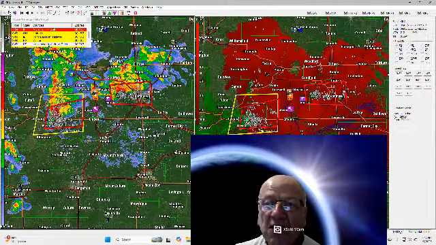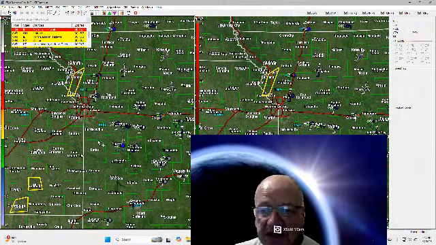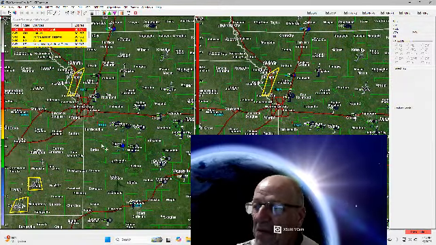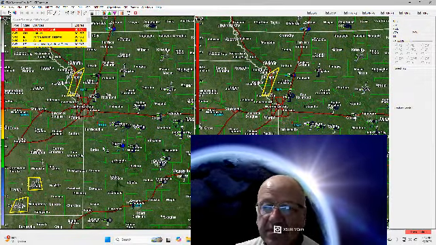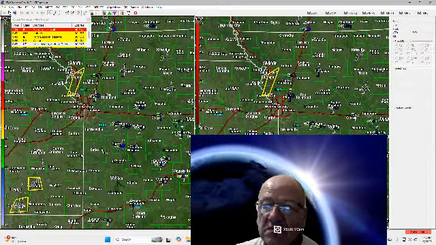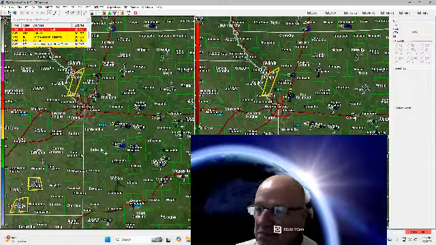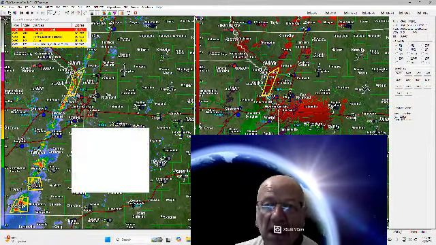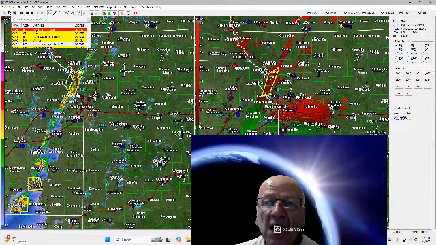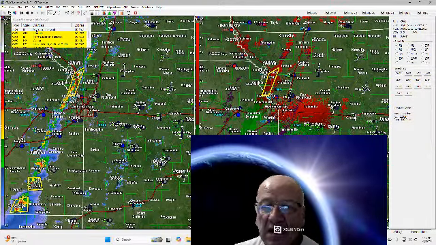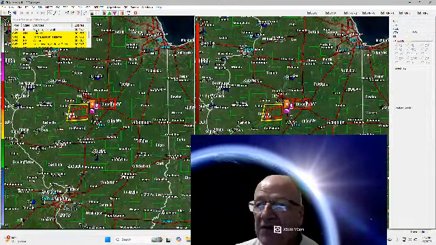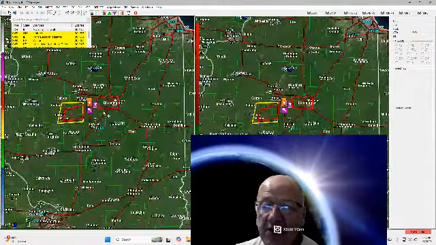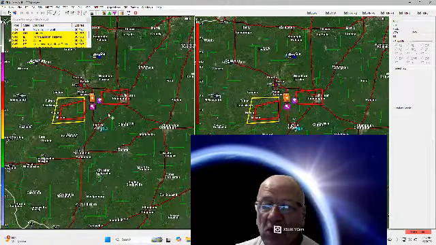We're going to take a look at a few other areas here just to see if we see any rotation. Okay, we're going to go up and watch the Illinois area where we already had funnel clouds and tornadoes occurring, confirmed.